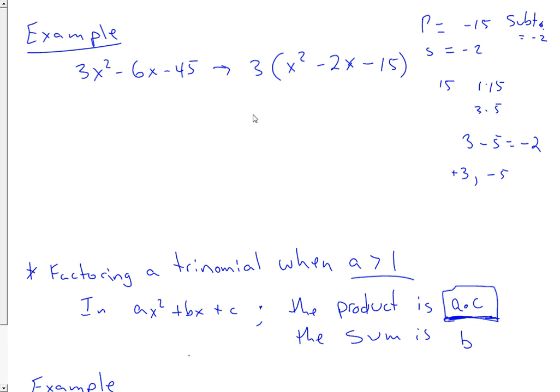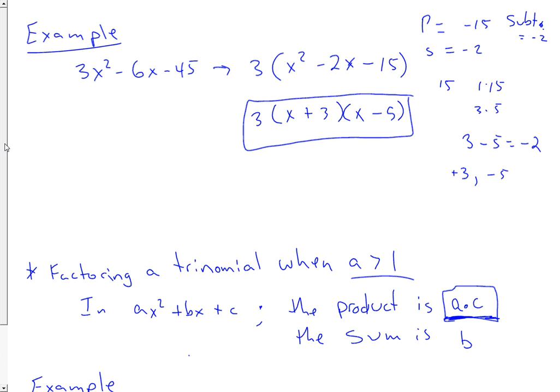Okay, so when I set this up, I have my 3 out front. I'm going to set up my parentheses here. Again, I have x squared, so I'm going to have my x times x. So I need to put x in each factor here. Then I'm going to complete these with my positive 3 and my negative 5, so I get x plus 3 and x minus 5. And those are my factors.